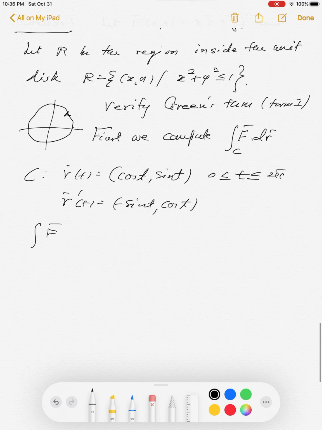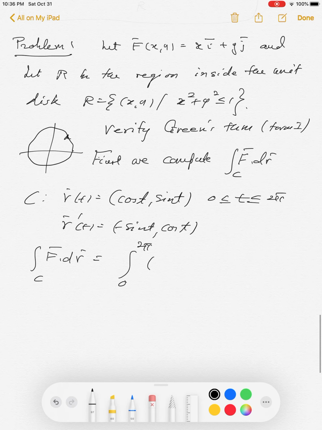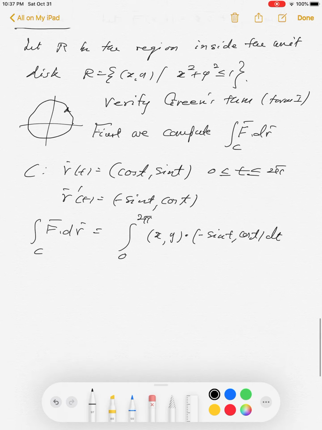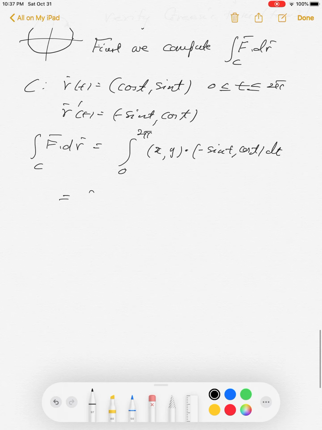So r bar prime, that's what we'll need, is minus sin t, cos t. So this line integral of f bar dot dr bar over C is going to be the integral from 0 to 2 pi of f bar, which is what? x, y, dot minus sin t, cos t dt.